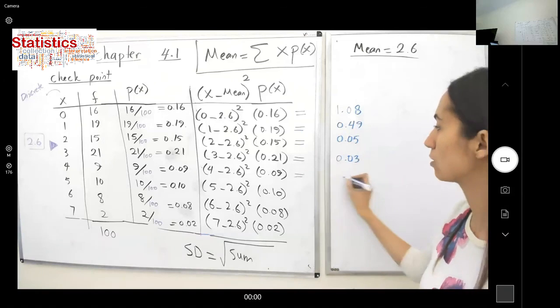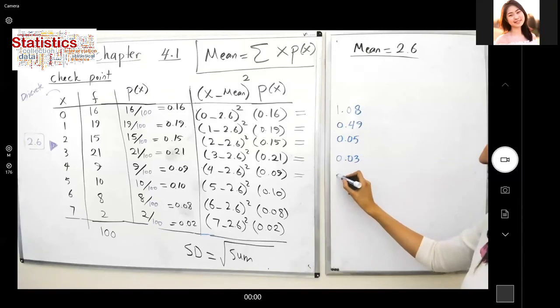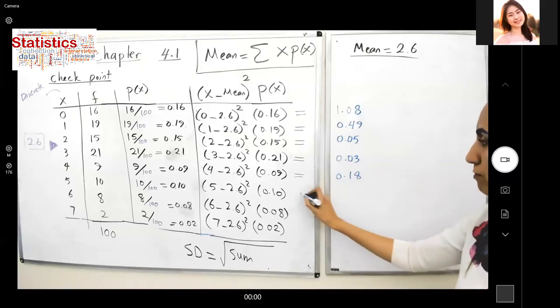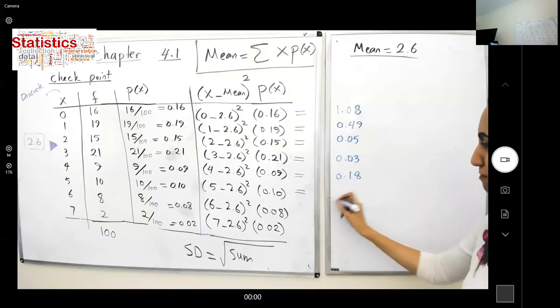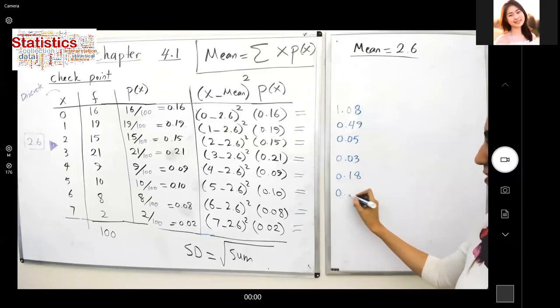The next number? 0.18. We have 3 more numbers. 0.6.